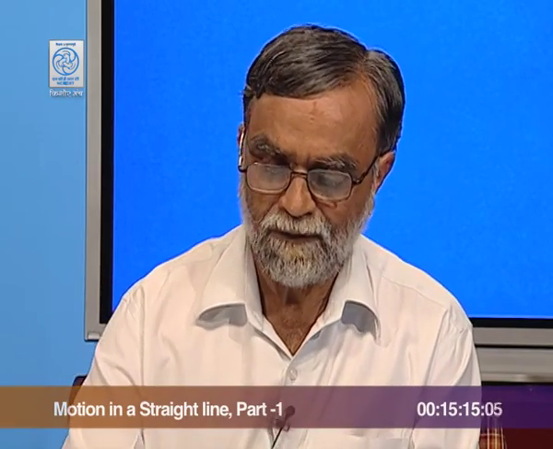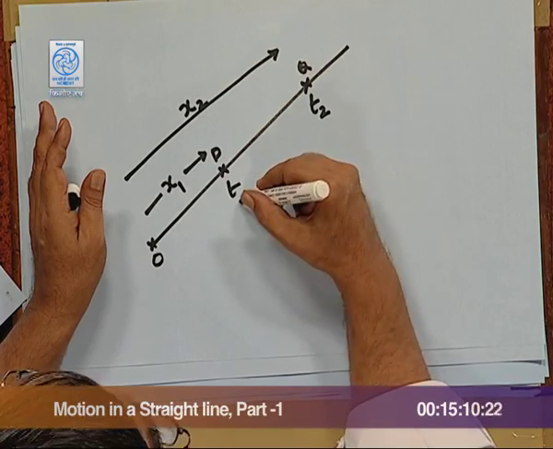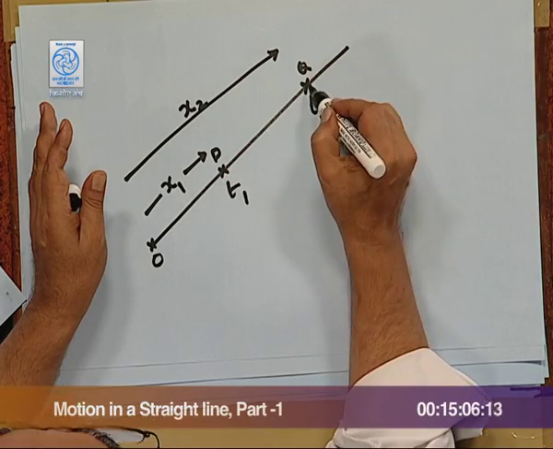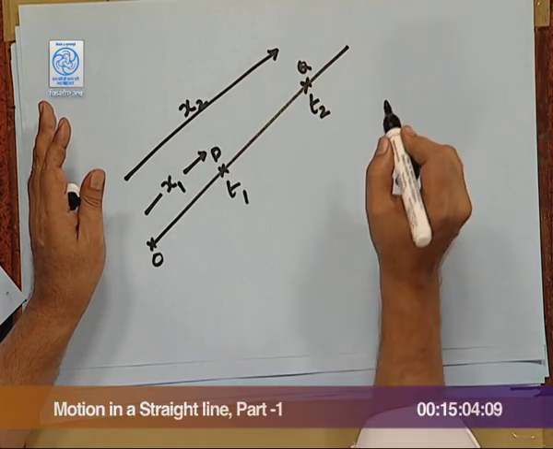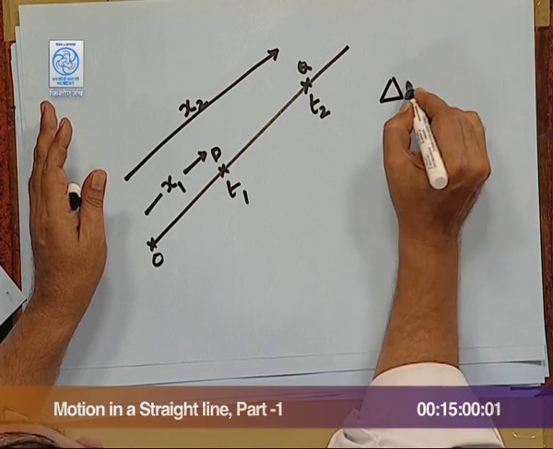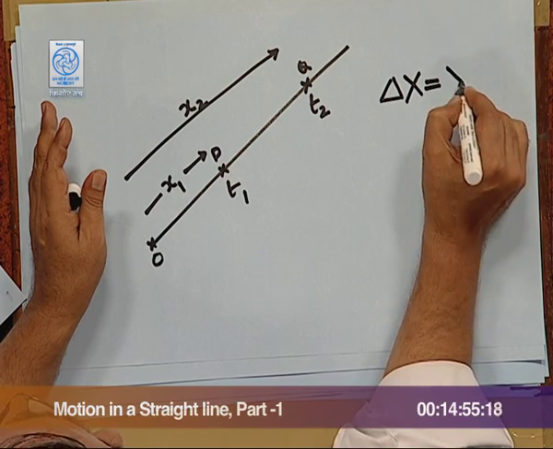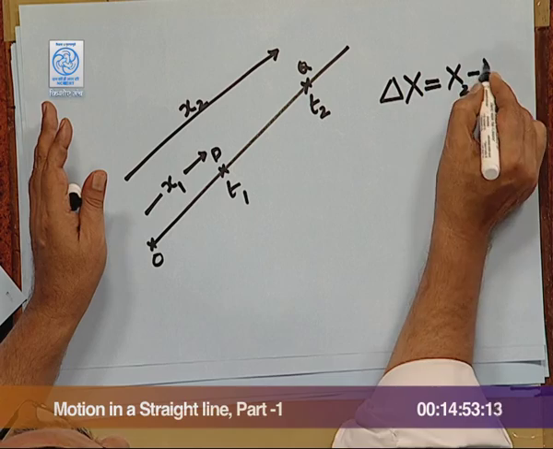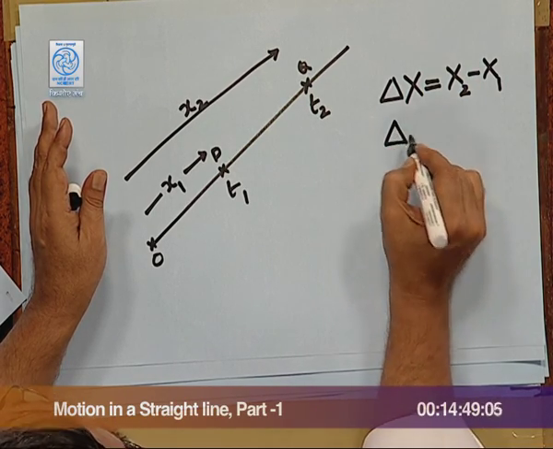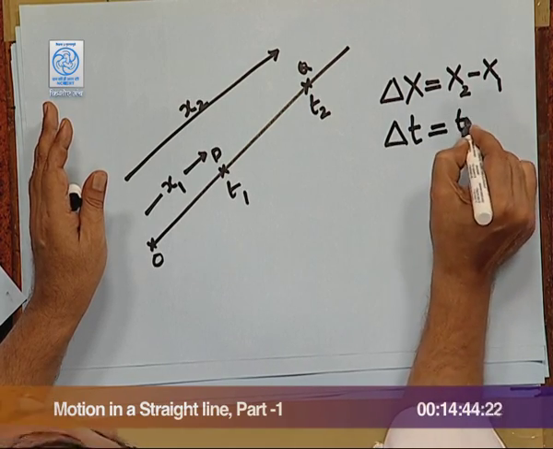When position changes with time, say in the interval from t1 to t2, the object's position has changed from x1 to x2. Then the change in position, represented here as delta x, which is x2 minus x1, has occurred in a time interval represented by delta t, which is t2 minus t1.